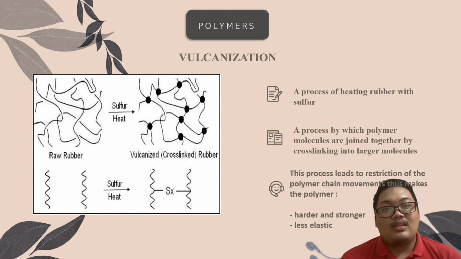As you can see below, we have two polymers of rubber, and after being heated with sulfur, the sulfur cross-links both of the rubber polymers, and this is why the vulcanized rubber is harder and also stronger.